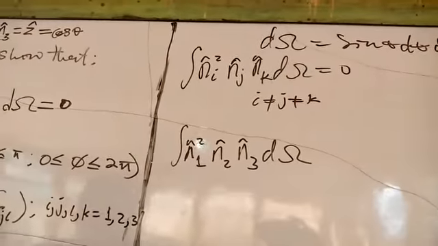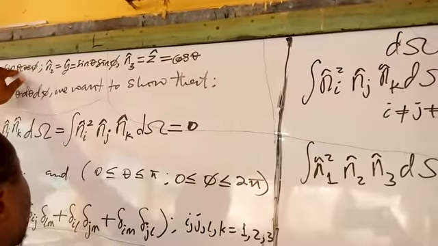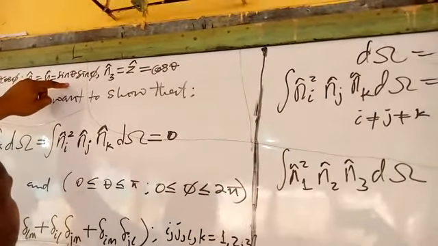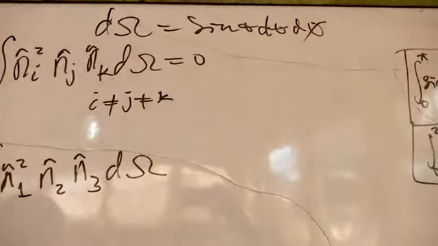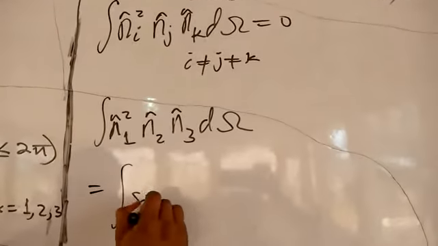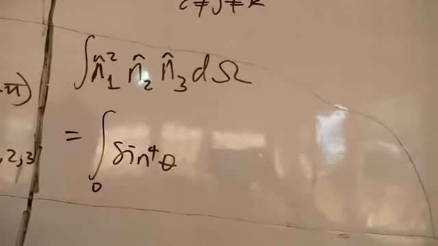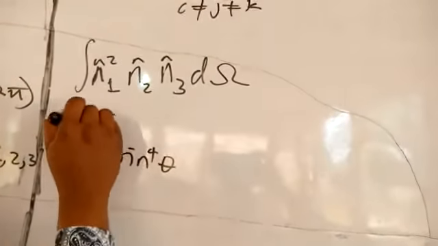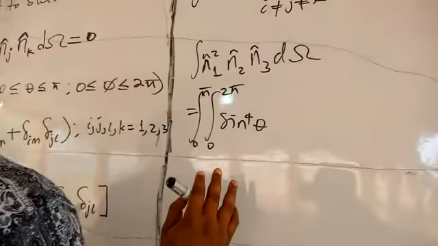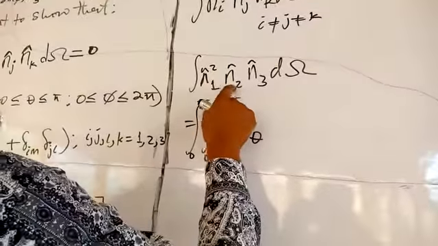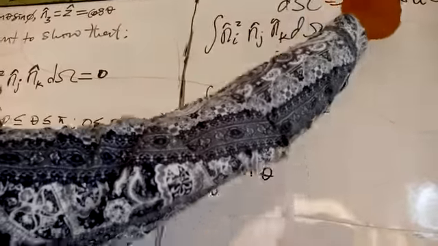So at this point in time, the square of this will give me sine squared theta, times this will give me sine cubed, and then times that will make it sine 4 theta, I guess, so 0 to pi, 0 to 2 pi. So I hope I've not jumped any such. So I have a sine theta coming from here, a sine squared theta, and then multiplied by that gives me sine 4 theta.